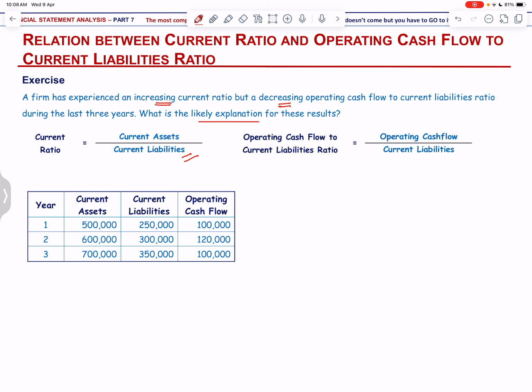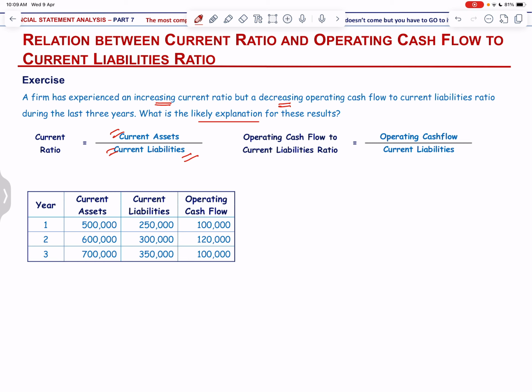Now, when we look at the current ratio, an increase in the current ratio indicates that the firm's current assets like cash, accounts receivable and inventory are increasing relative to its current liabilities, that is short-term debts and obligations. So this suggests that the firm has more short-term assets available to cover its short-term liabilities.